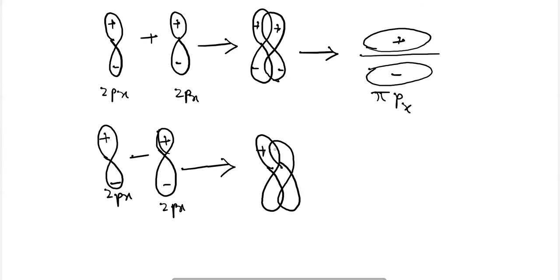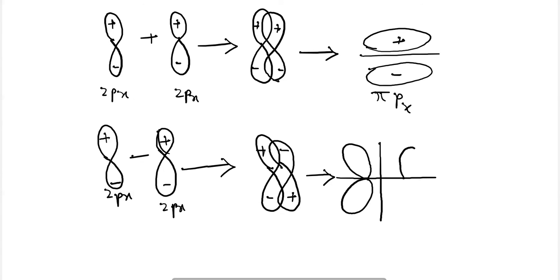That is, plus will combine with negative and negative will combine with positive, and due to this reason they will form the anti-bonding orbital, which will look like this: negative, positive, negative, positive.